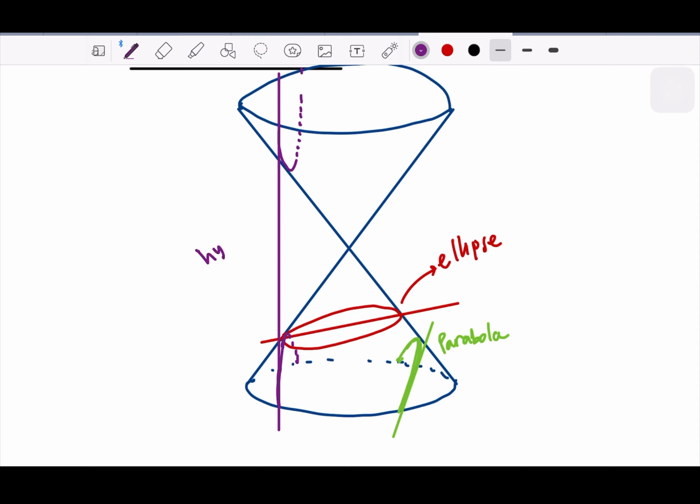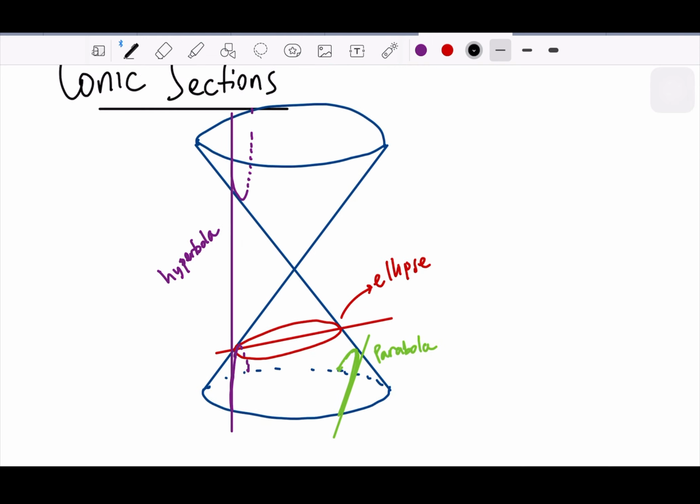We call this the hyperbola. I'm not sure whether GeoGebra has some visuals on the conics, especially how to slice the cone, but you can try to check in GeoGebra. I haven't checked. Maybe later I will check. Okay, so these three will be our main discussion.